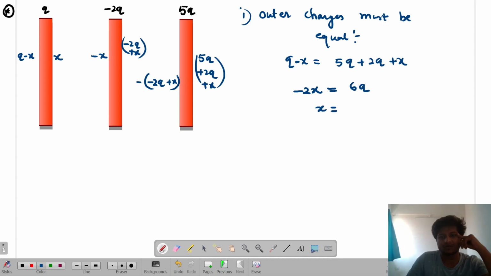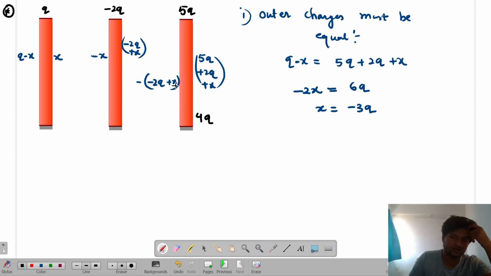So x is equal to how much? 6Q by minus 2, which is minus 3Q. Is that right? So let us write the charges. Here it is 7Q minus 3Q, so it is 4Q. Correct. And this one will be how much? x is minus 3Q.